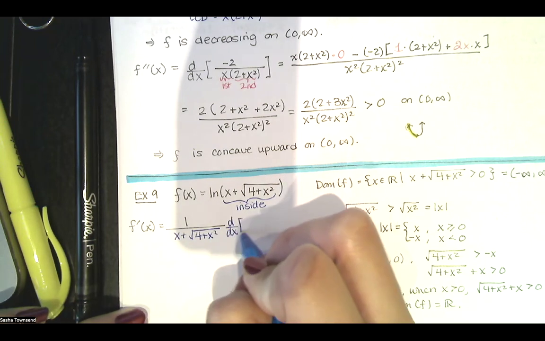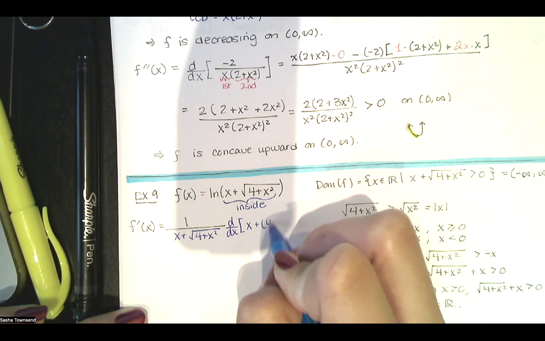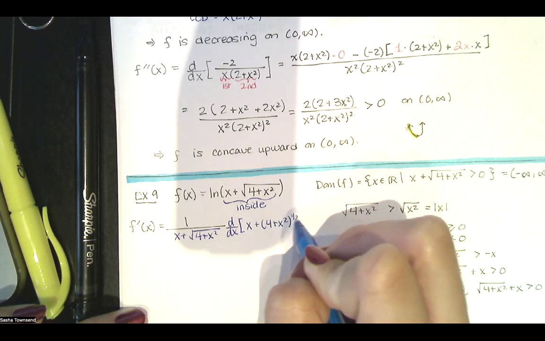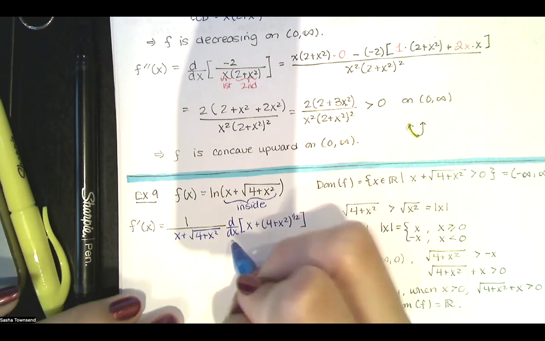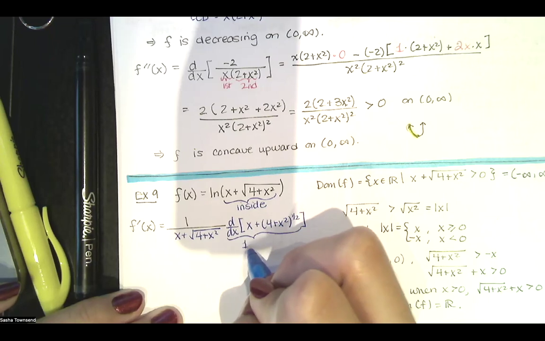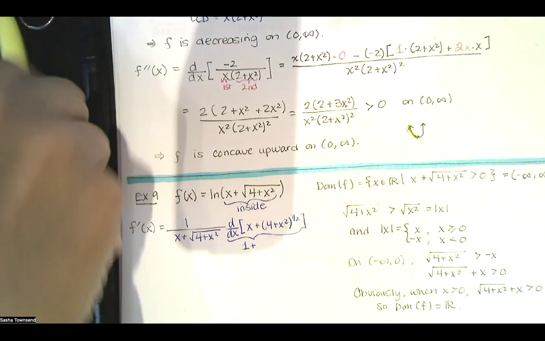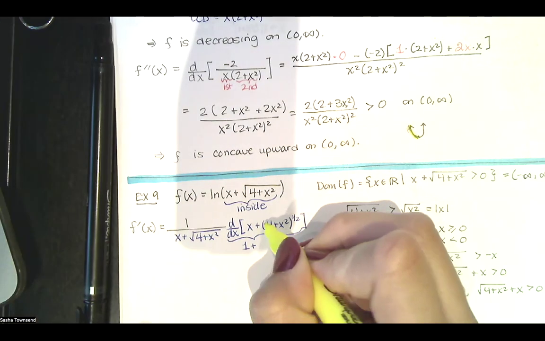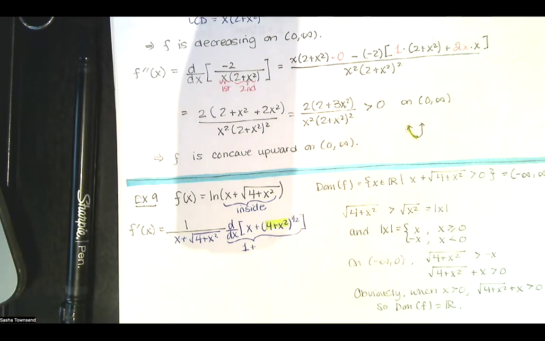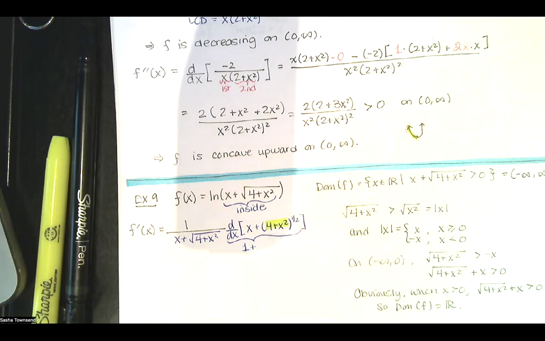And we remember that the square root is actually the 1/2 power. So this is 4 plus x squared to the 1/2. Now when I compute the derivative of this, the derivative of x is just 1. And the derivative of this piece requires the chain rule. Again, because I've got an inside function, that 4 plus x squared is in that 1/2 power function. So we'll take the derivative of the outside first.